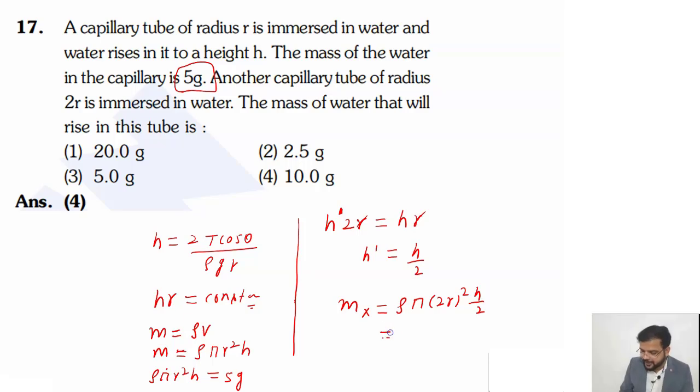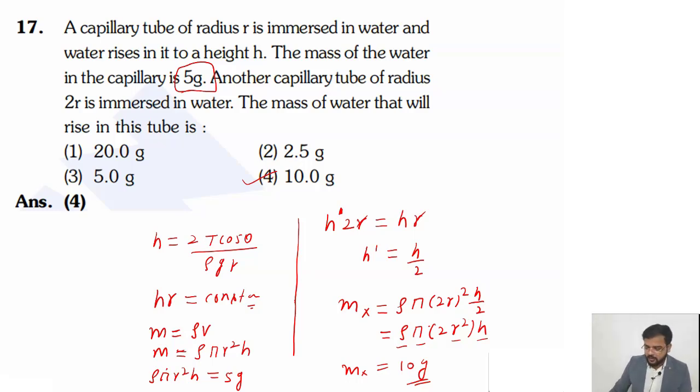So we get rho pi 4r square, and the 4 gets cancelled with the 2, so finally we get 2 rho pi r square h. The value of rho pi r square h is 5, so the mx value we get is 10 gram. That's why option number 4 is correct.